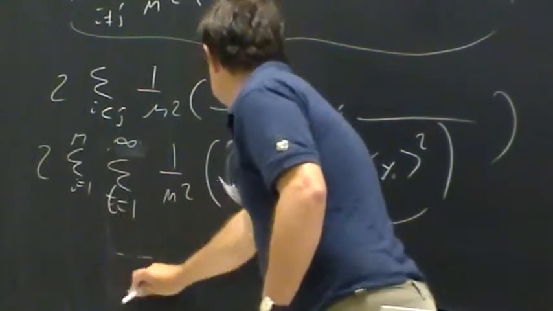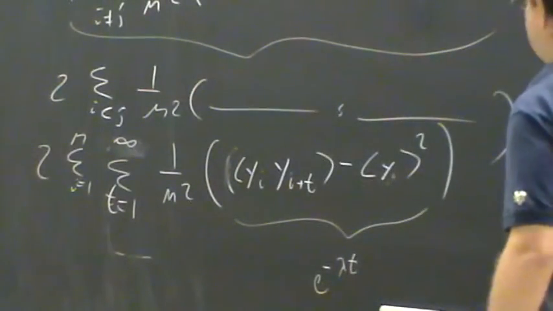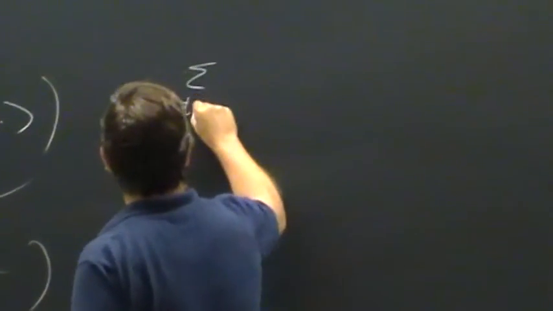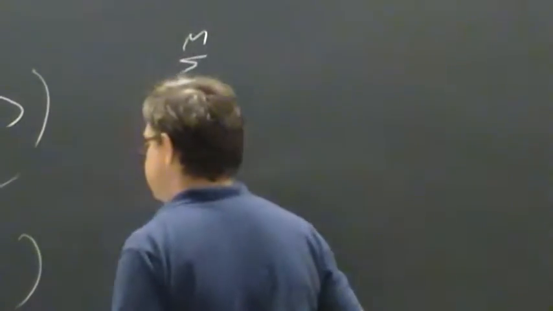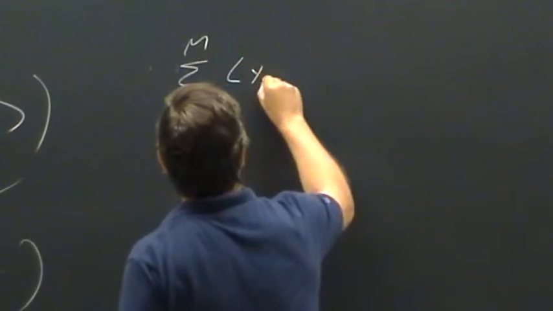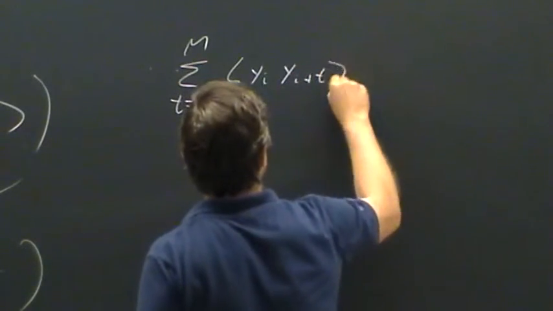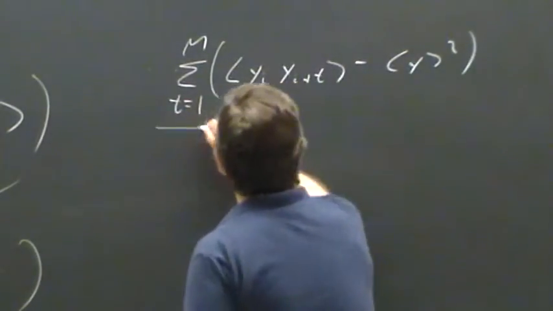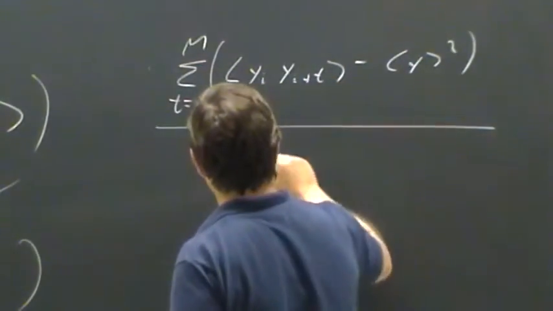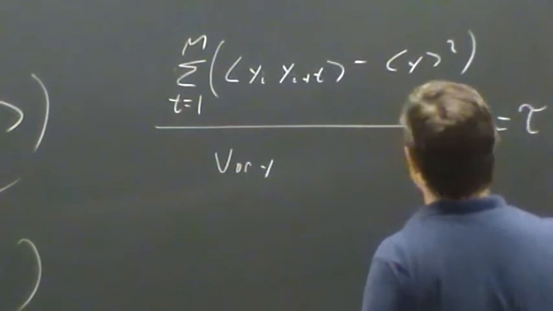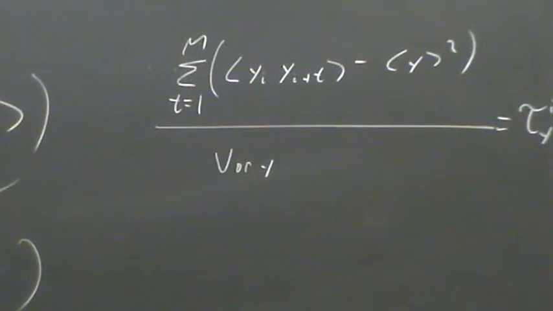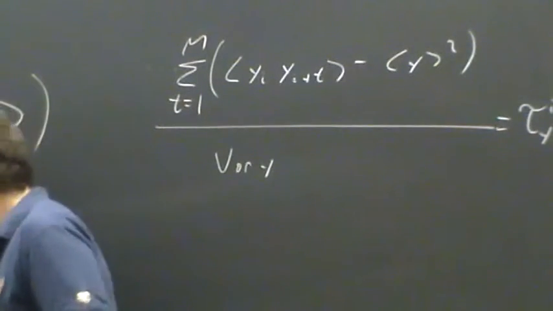And this quantity, the sum over t equal 1 to infinity of the correlation of y_i and y_{i+t} minus the expectation of y squared, normalized by the variance, I call the integrated autocorrelation time, tau y integrated, which is roughly the integral of that function here.